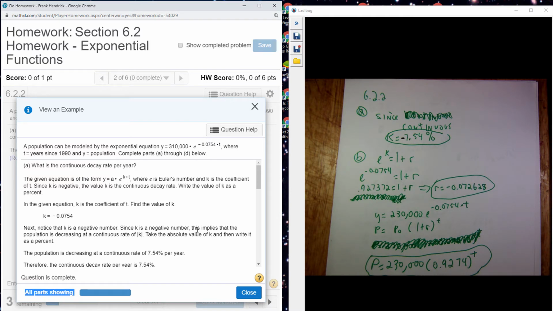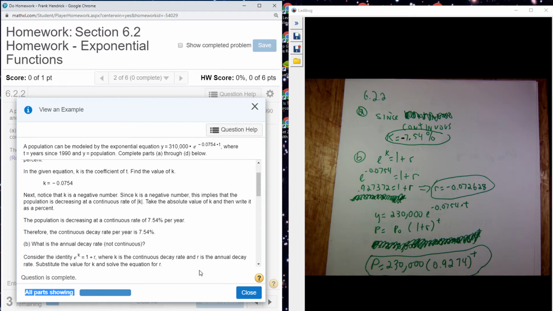When they want to describe it here, they say that the function is decreasing, and they take the negative off, at a rate of 7.54%. That's how they ask you to describe it here.